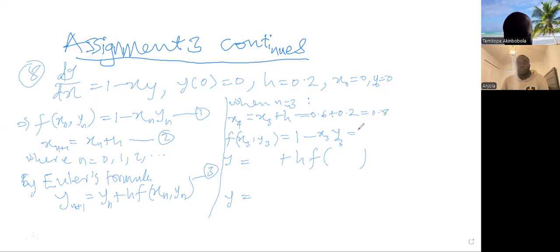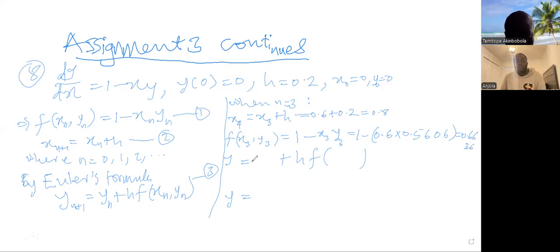So that gives 1 minus, what was our x3? 0.6. 0.6 times y3 that we just obtained, 0.5606. So multiply all of that. That should be 0.6636.